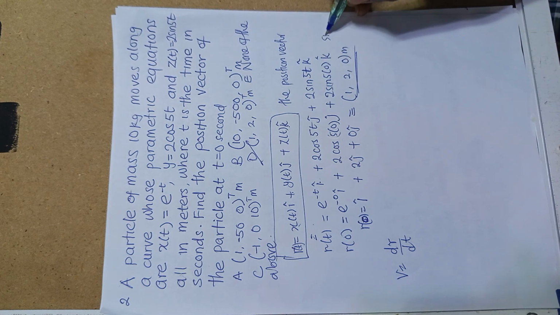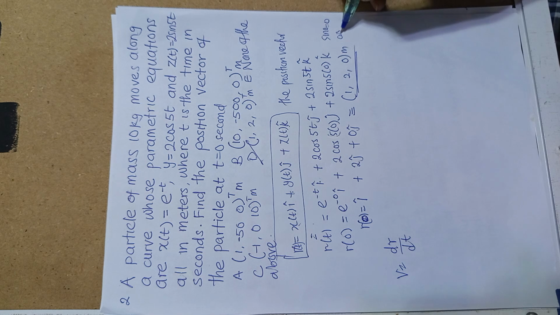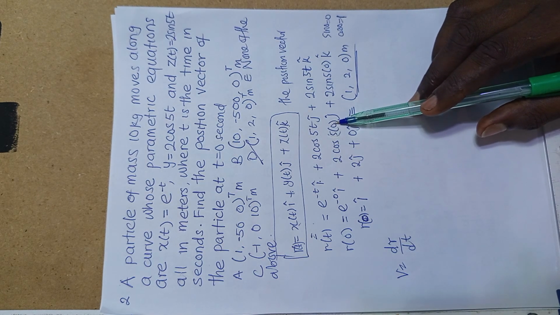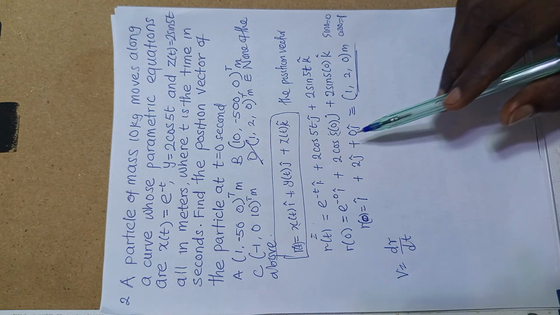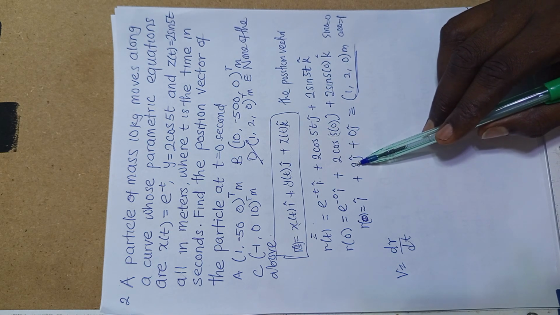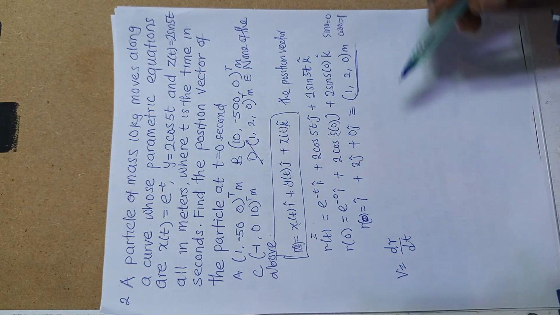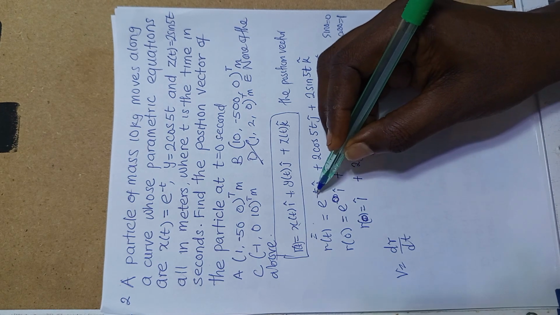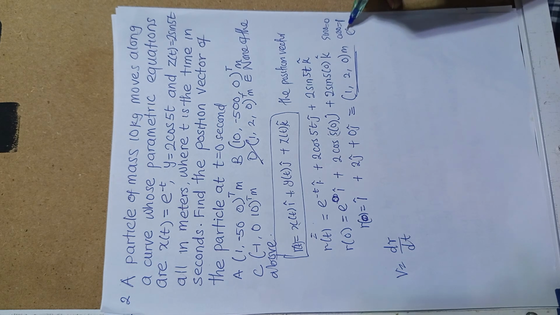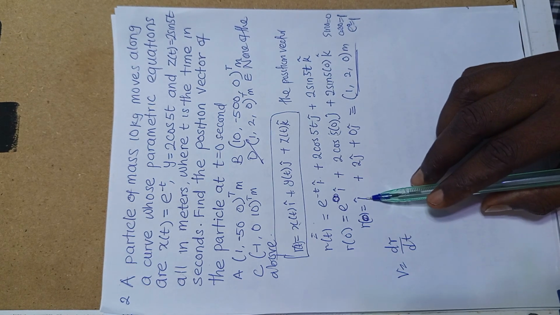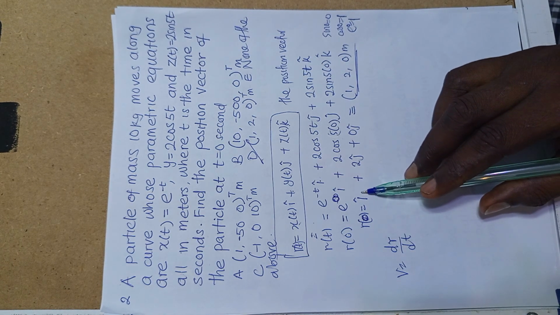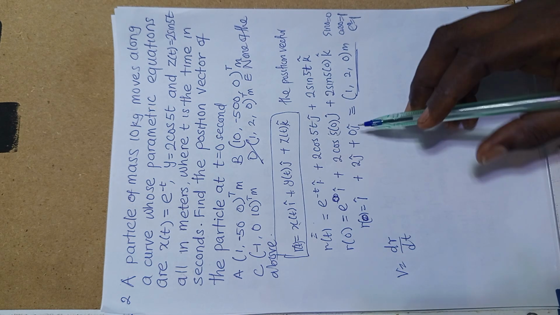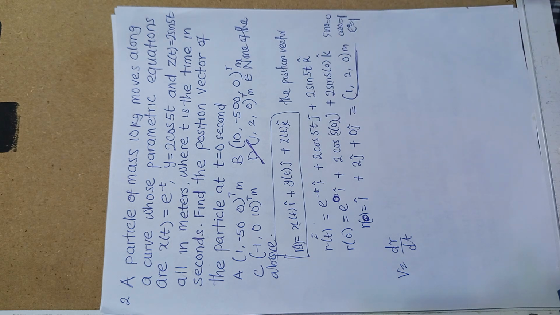Don't forget that sine 0 is 0, cos 0 is 1. So for cos 0, your 5 times 0 is 0. Cos 0 is 1, then times 2 is 2. If you plug in 0 here, everything will give us 0. Anything raised to 0 is equal to 1. So I want to have 1, which is 1i plus 2j plus 0k. So this one will be your answer to that question.